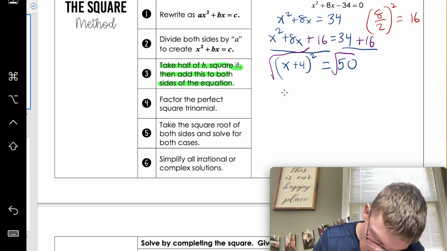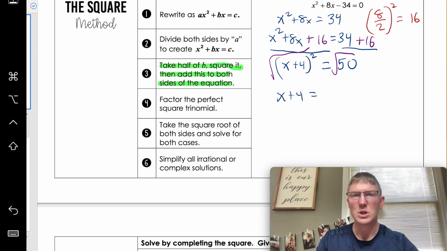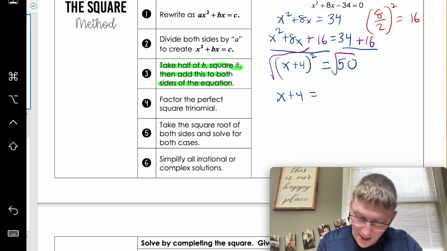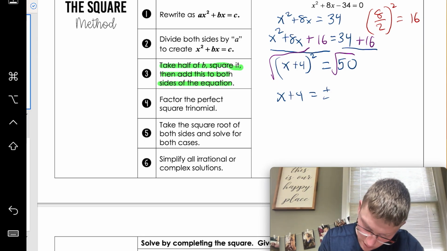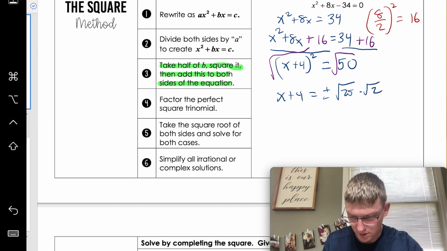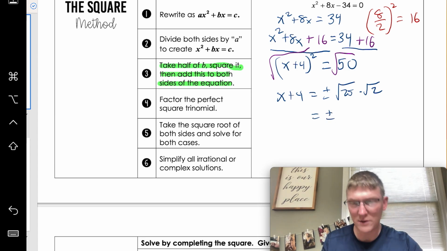So then we're going to have x plus 4 equals, so 50 is not a perfect square, but 25 is. So we can rewrite that as plus or minus square root of 25 times the square root of 2. So then we've got plus or minus the square root of 25. 5 times 5 is 25.